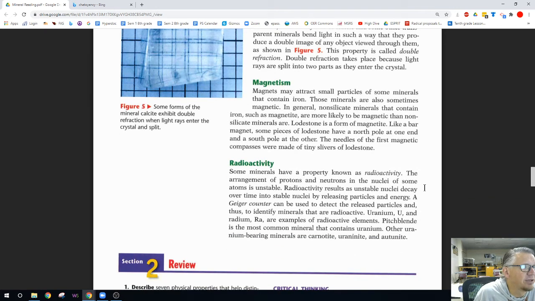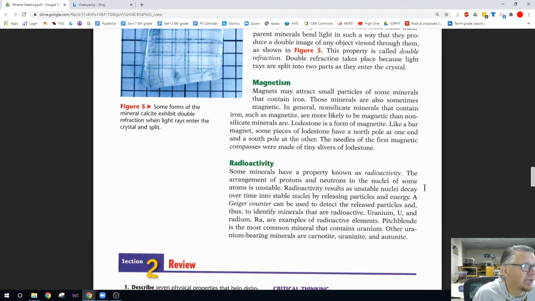Radioactivity. Some minerals have a property known as radioactivity. The arrangement of the protons and neutrons in the nuclei of some atoms is unstable. Radioactivity results as unstable nuclei decay over time into stable nuclei by releasing particles and energy. A Geiger counter can be used to detect the released particles and thus to identify minerals that are radioactive.